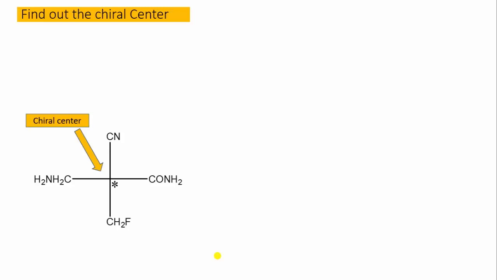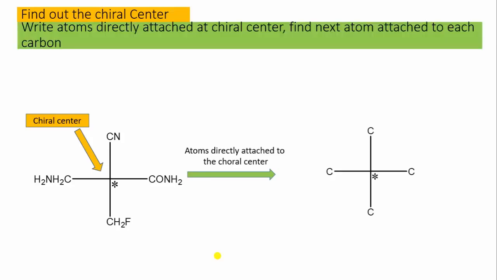In this example, you have to find the chiral center, and with this chiral center, you have to find the atoms attached to it. In this chiral carbon, there are 4 similar carbons attached to the chiral carbon.